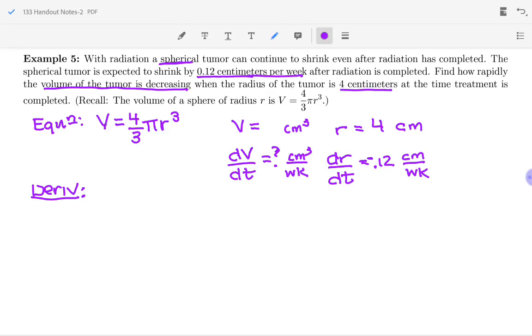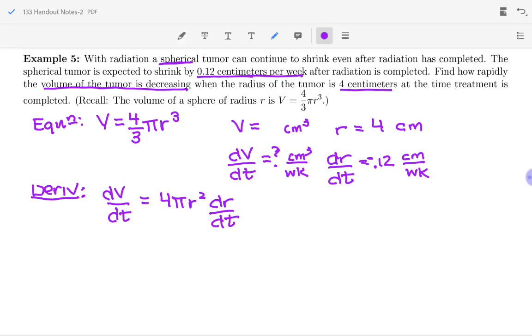So the derivative of V, 1V is just going to be 1 dV/dt. And then we're going to do our 4/3 pi r cubed. We just did this one. We're going to bring down the 3. 3 times 4/3 is just going to be 4 pi r squared. And then we want to remember to put our dr/dt. And the radius is changing with respect to time.